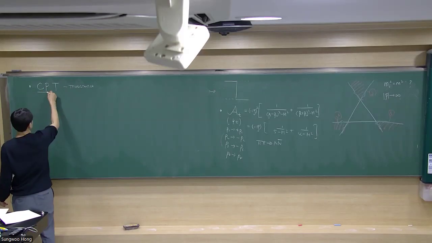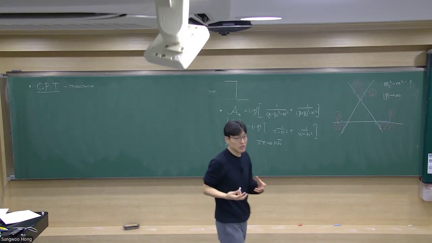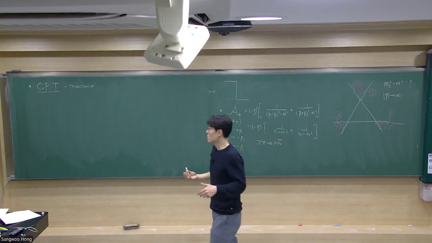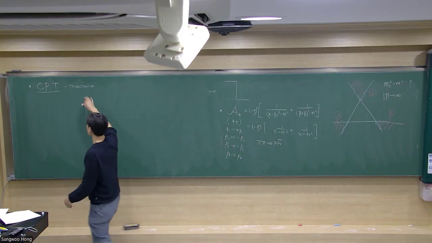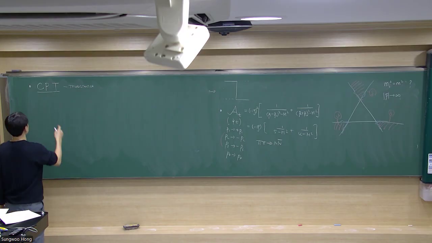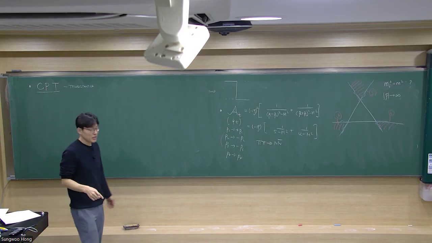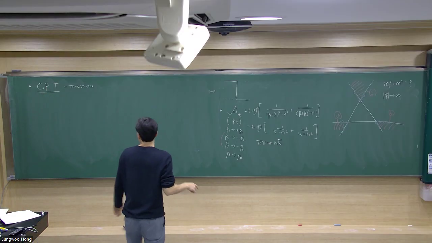Previously, crossing is not a symmetry of a theory, okay? It is an intrinsic property that an amplitude can enjoy, but it's not about a symmetry. So previously we talked about time reversal, parity, charge conjugation, right? We spent time thinking about it.